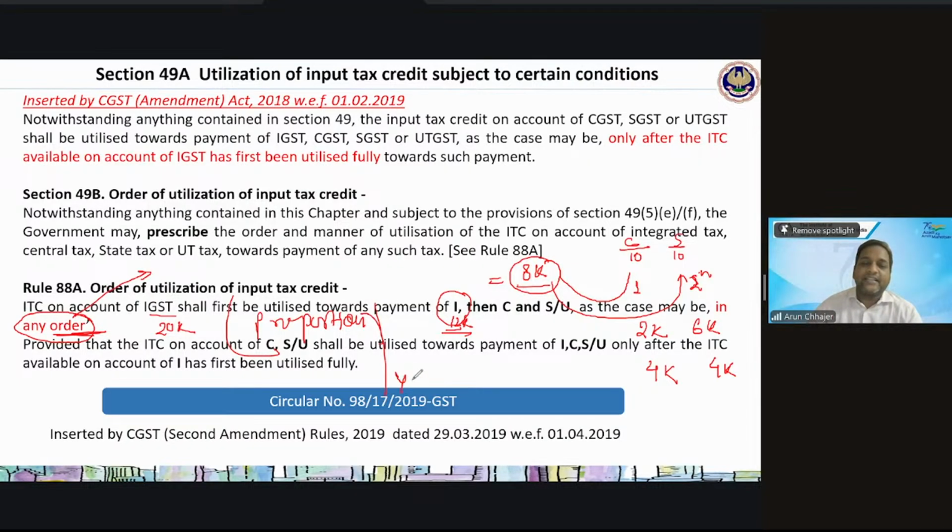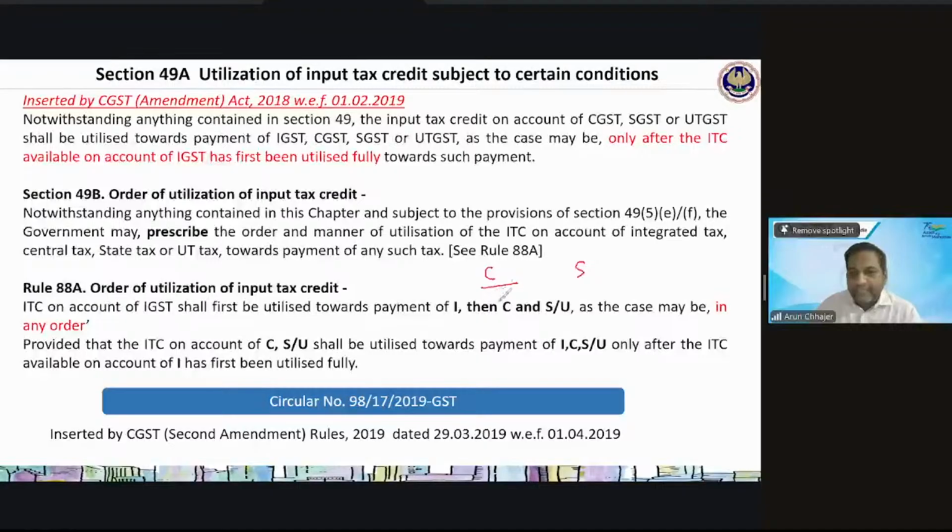Circular 98 is saying yes. It means if C and S have a liability of, let's say, 8,000, 10,000, whatever, and I has 8,000, I can give to C first and nothing to S, or nothing to C and completely to S. I can even give 3,000 to C and 5,000 to S, or 4,000 to C and 4,000 to S, in any order, in any proportion.